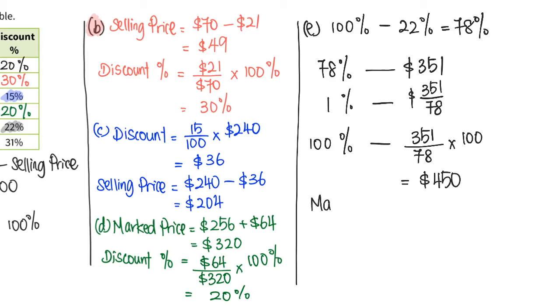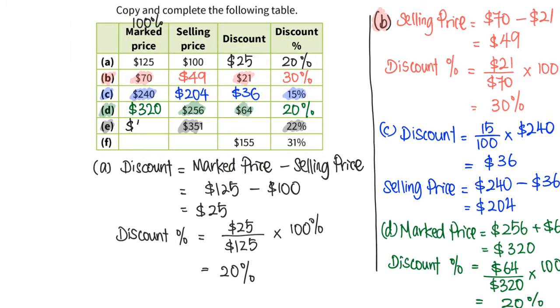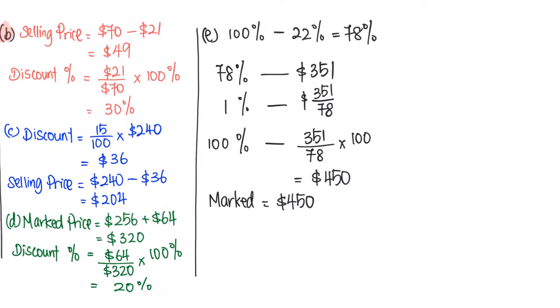So the mark price is $450. And since we are at this, the discount is 22%. So it's 351 over 78 times 22. $99. So this will be my discount.